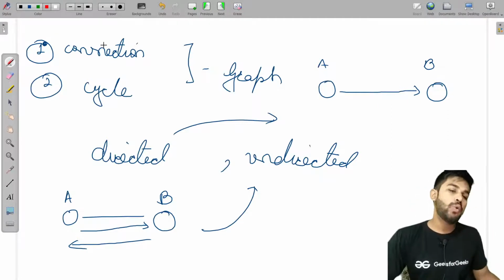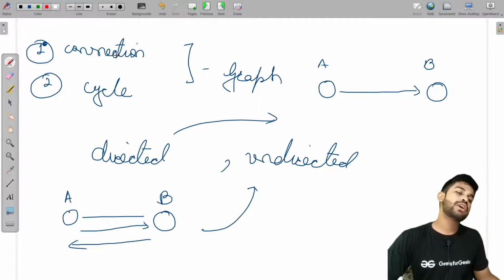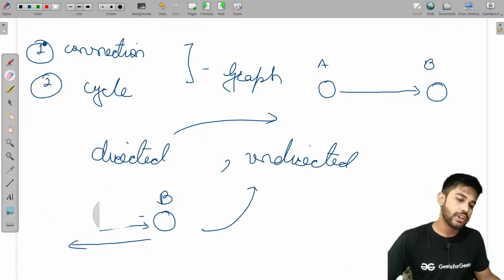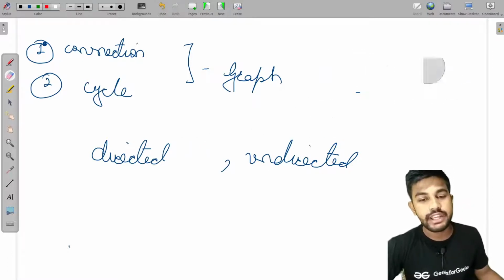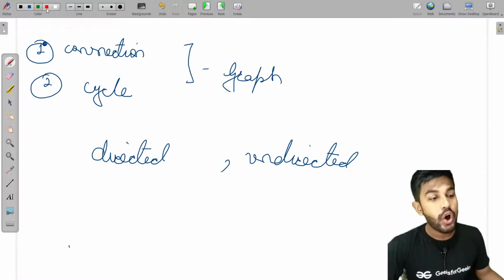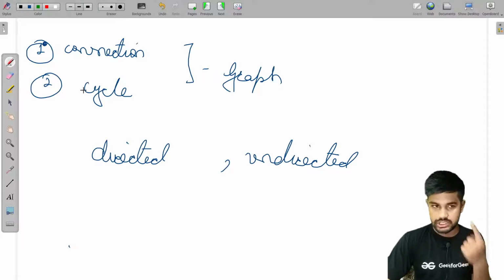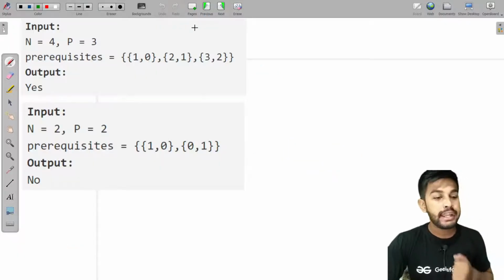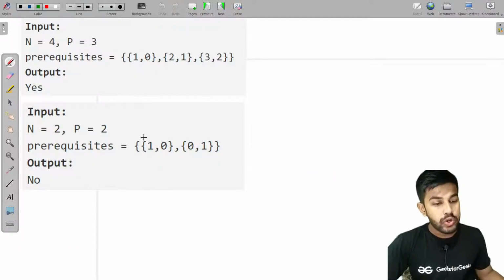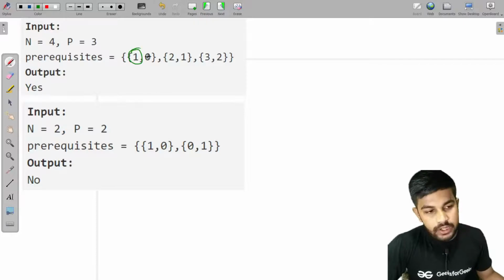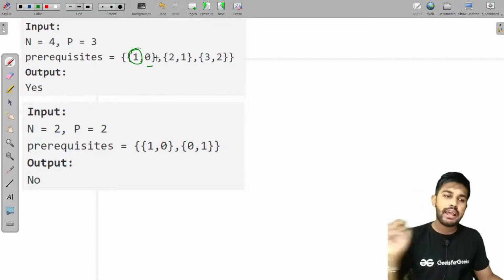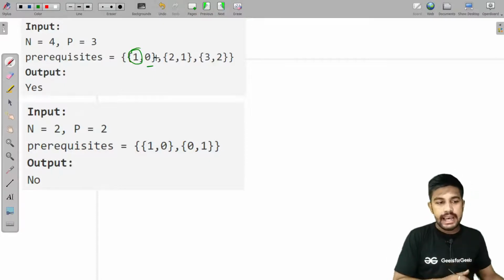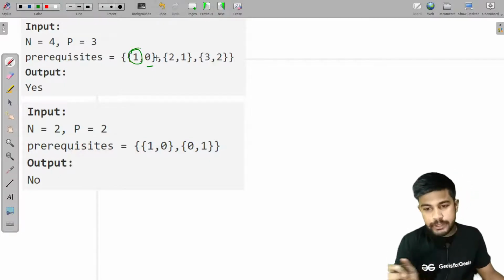Okay, now we would move forward. Now what is this graph? We would see the connections, whether we can travel in both directions or in only one direction. So now the next thing is that to complete task 1, I need to complete task 0. But is the question telling that these two are equally dependent?